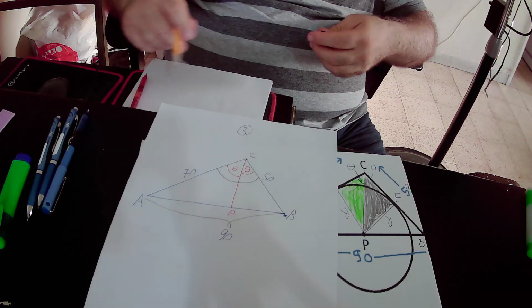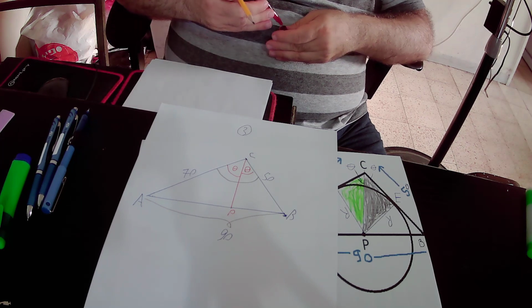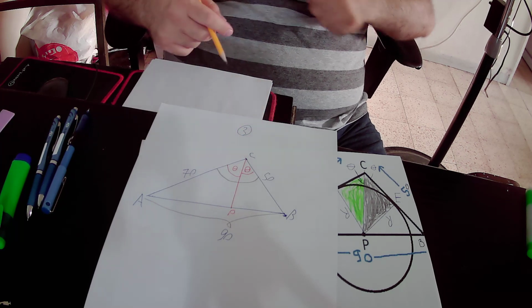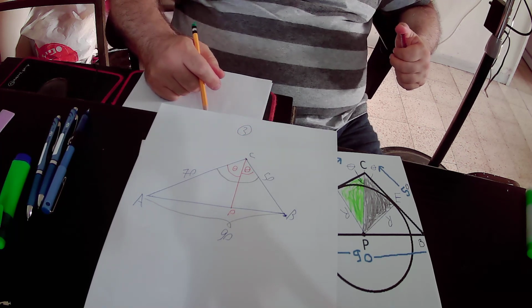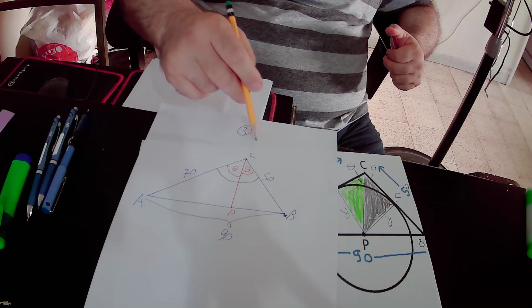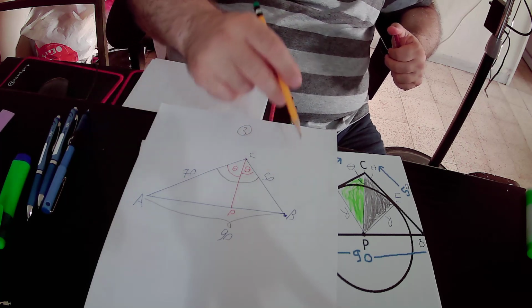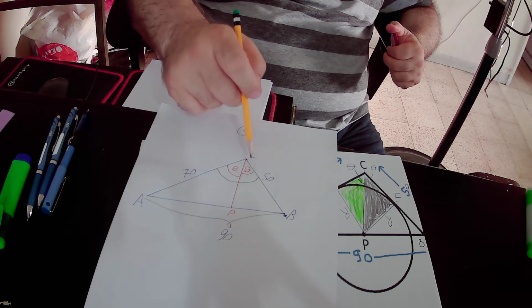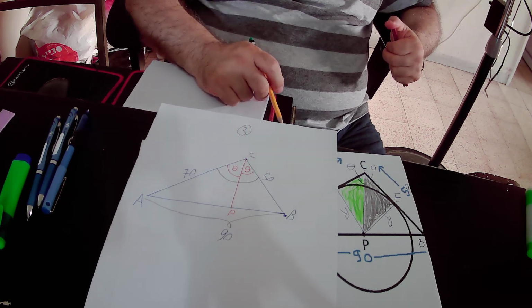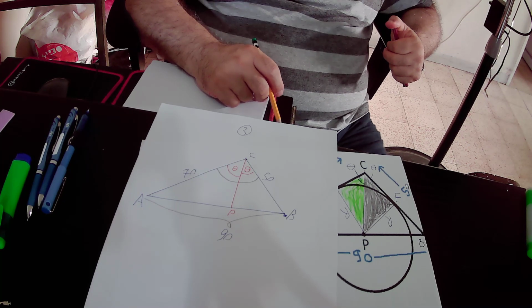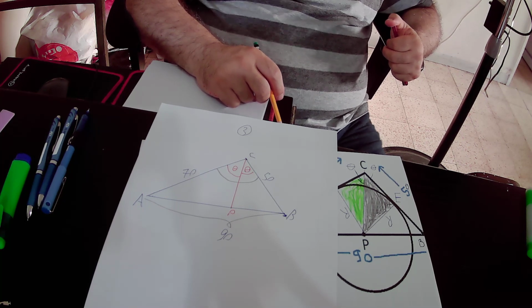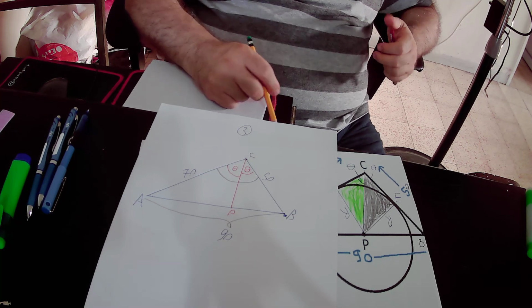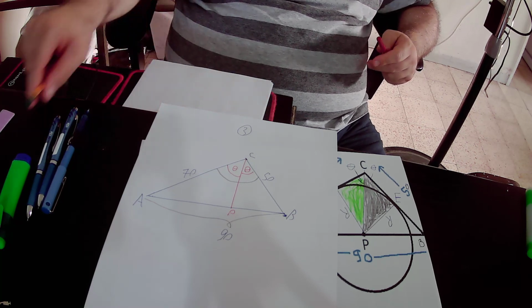So actually line CP splits angle ACB into two halves. This is the first half and this is the second half. For that reason, we can call CP angle bisector. Okay?